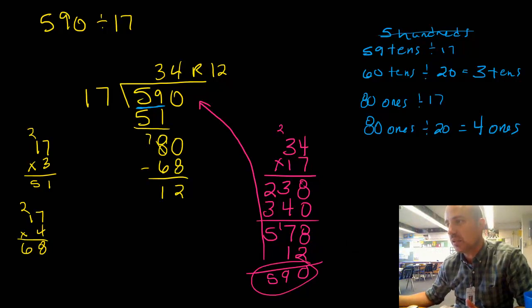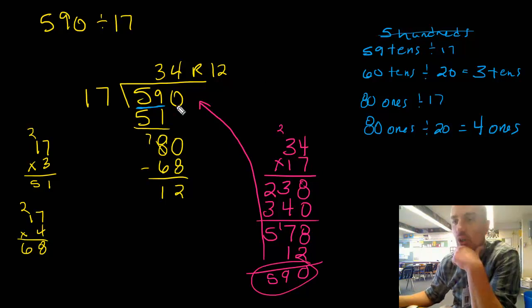What we did here was we began with 590 divided by 17, and we said instead of just doing the whole 590, let's just take a look at the 5. Can't do it, so let's take a look at the 59.